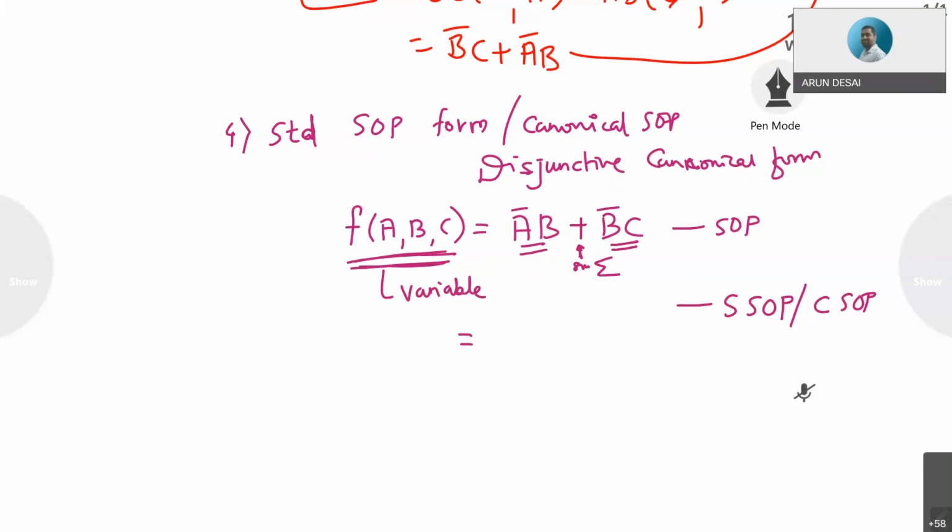So if each and every product term of your expression contains all the variables which are present in the function, whether in complemented form or in non-complemented form, then that expression is referred to as standard sum of product form or canonical sum of product form.